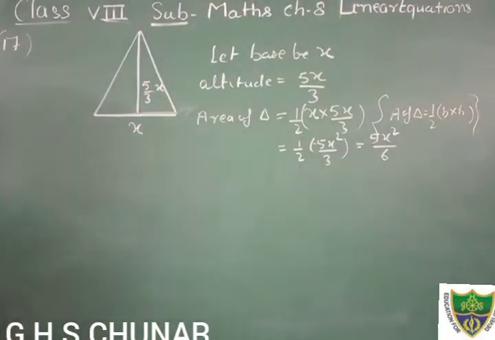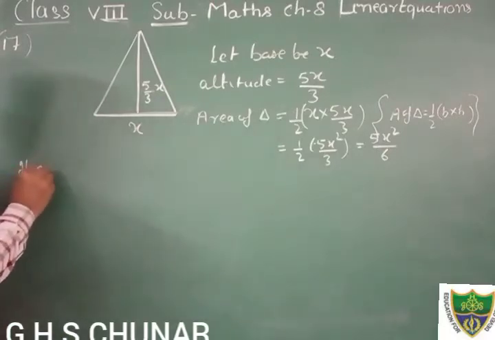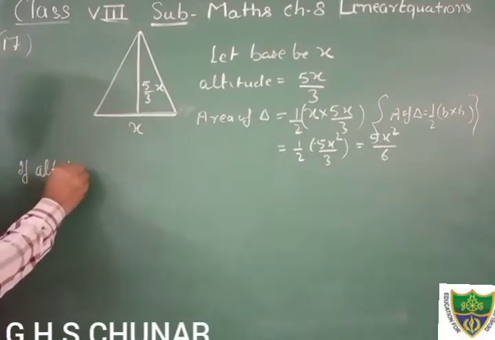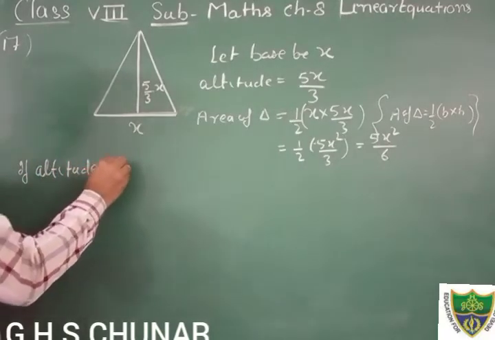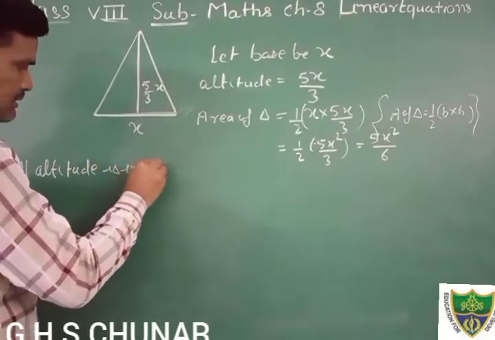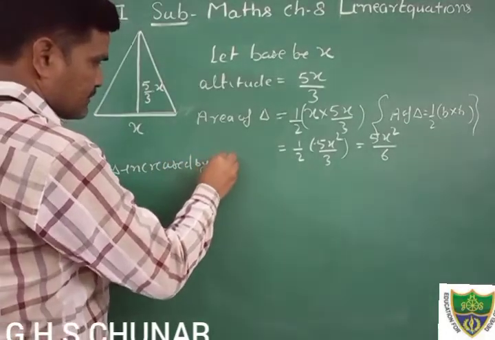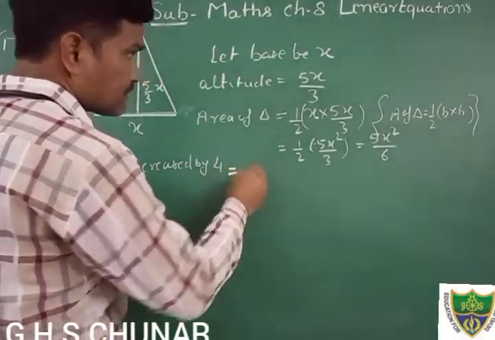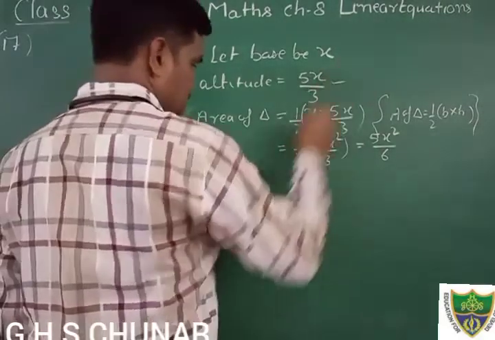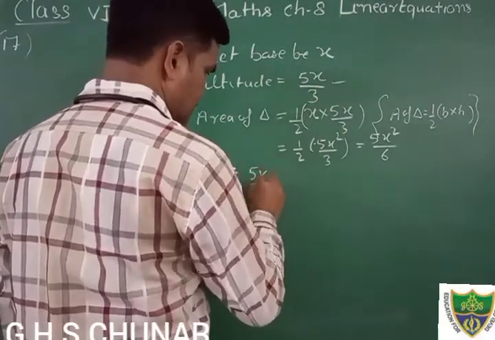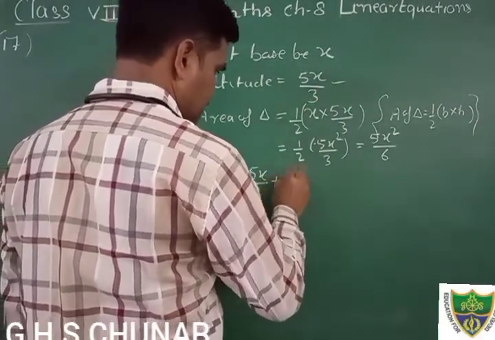Now the second condition is given: if the altitude is increased by 4, that is, what is the altitude? 5x upon 3 plus 4.